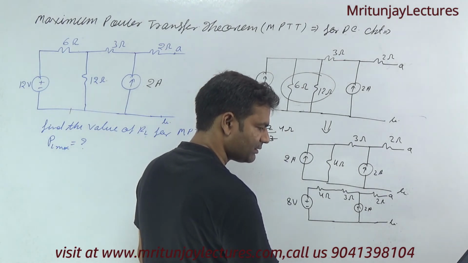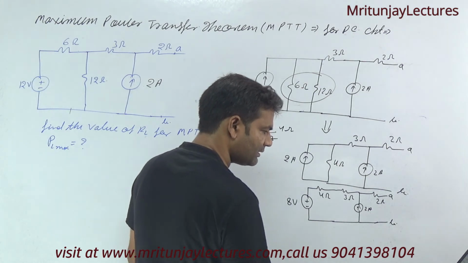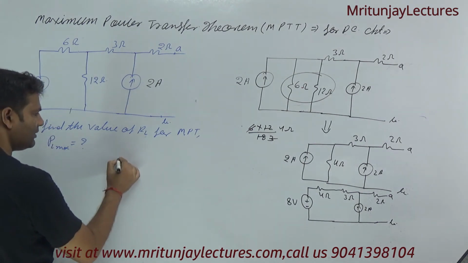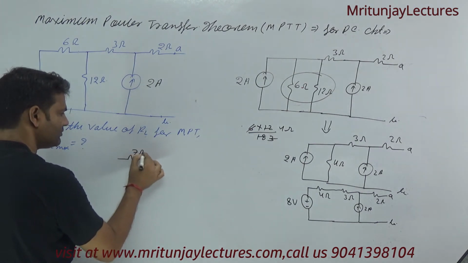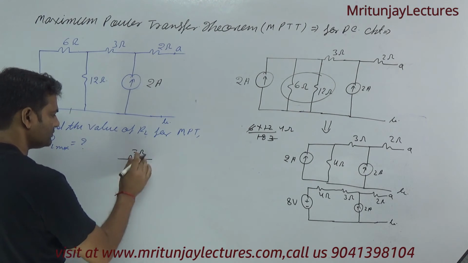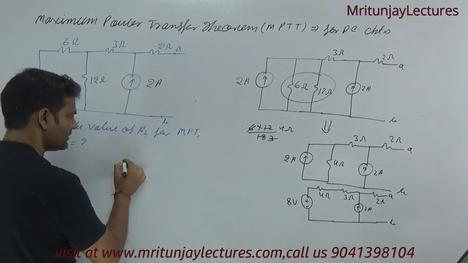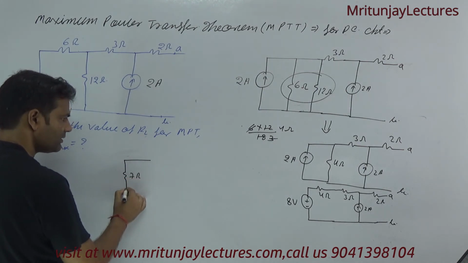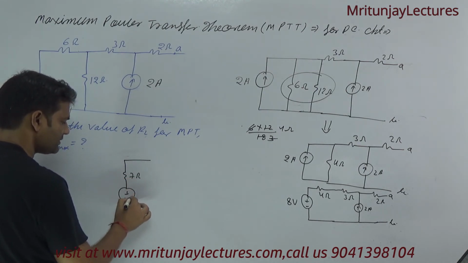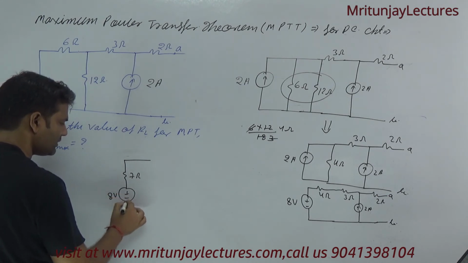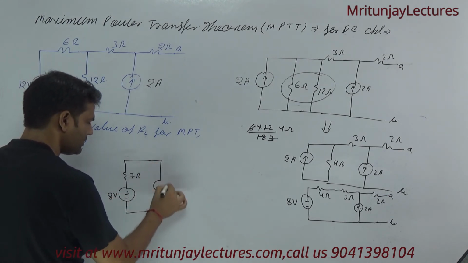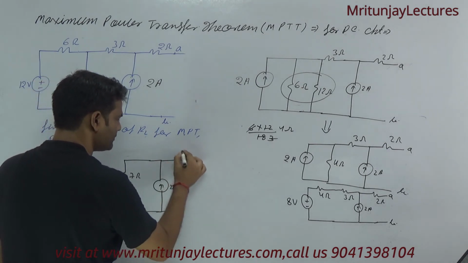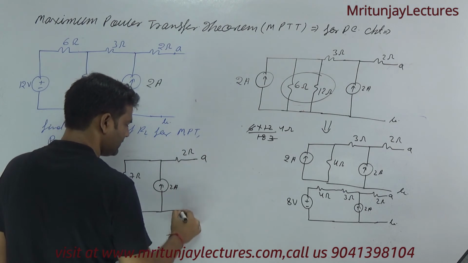So finally we make that 7 ohm, plus minus 8 volt, and here that is 2 ampere, and that is 2 ohm, that is A and that is B.